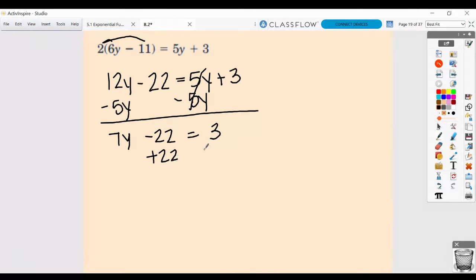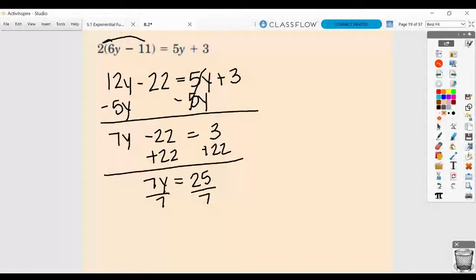Add the 22. 22 plus 3 is 25. Divide by 7. You can't really divide that, so the answer is just 25 over 7.